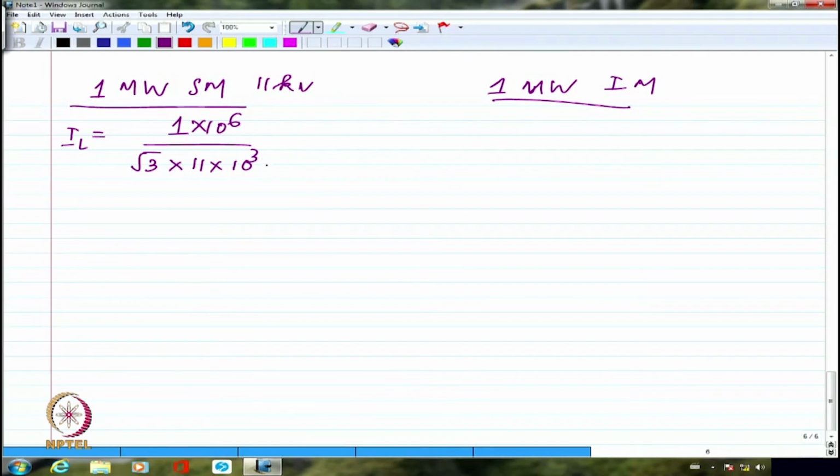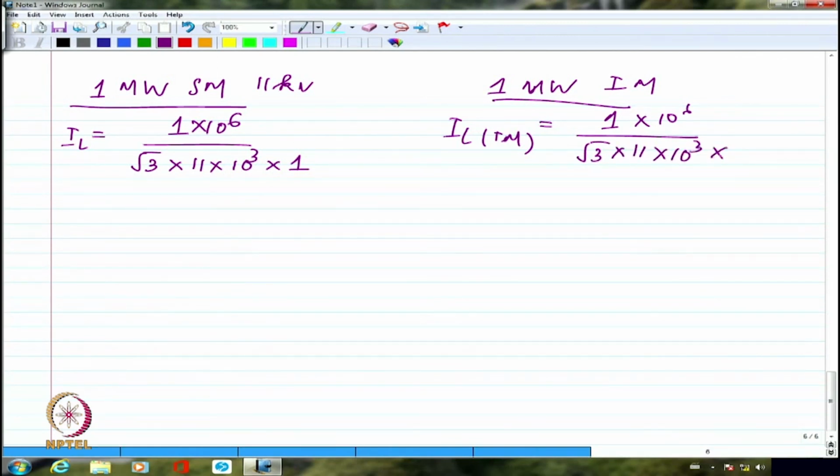And I have to definitely include a power factor, which will be 1 in the case of the synchronous machine. If I want, I can make it 1. Whereas in the case of the induction machine, I am going to have 1 into 10 power 6 divided by root 3 into 11 into 10 power 3 multiplied by 0.8 or 0.85, which is the power factor.